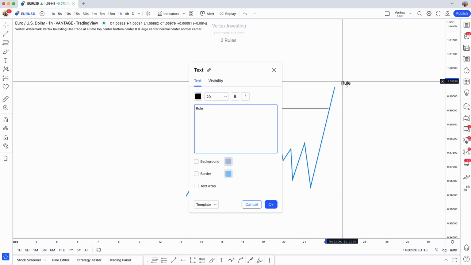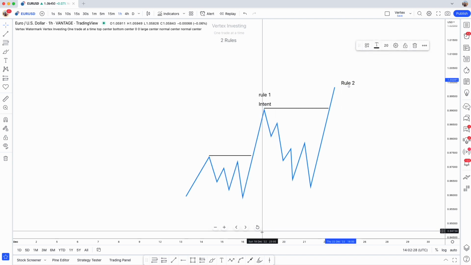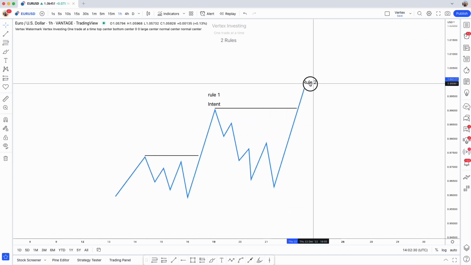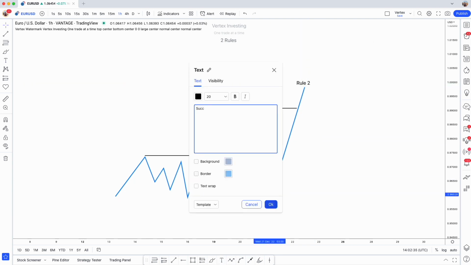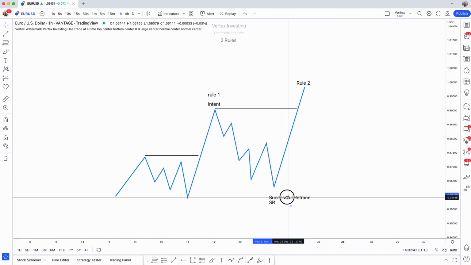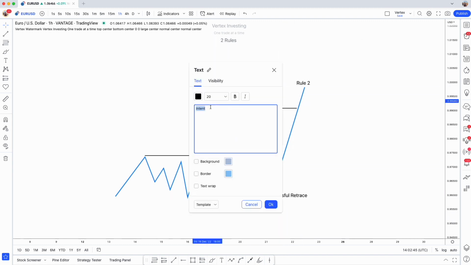Rule two is what we call a successful retrace, otherwise known as the SR. And the intent is also sometimes known as the IM.